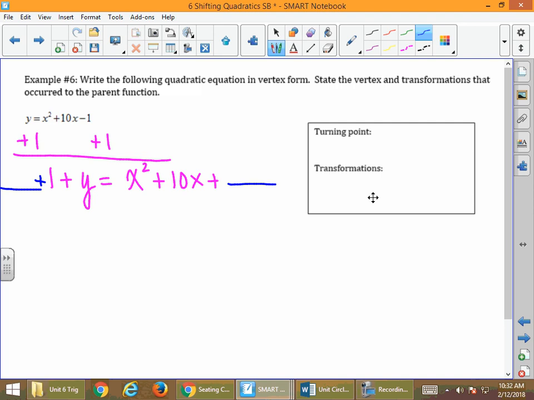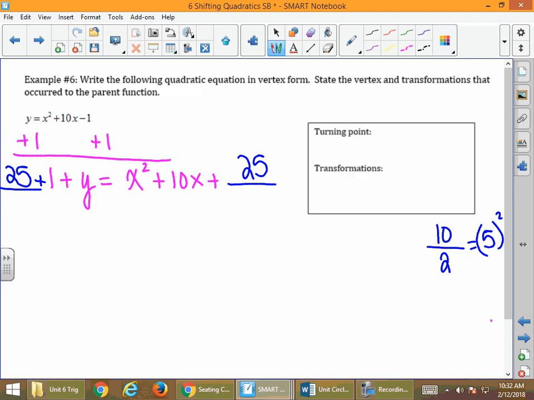To figure out what we're going to be adding, we take that b value, in this case 10, divided by 2, which is 5, and squared. So 5 squared is 25. Add a 25 here, add a 25 here.